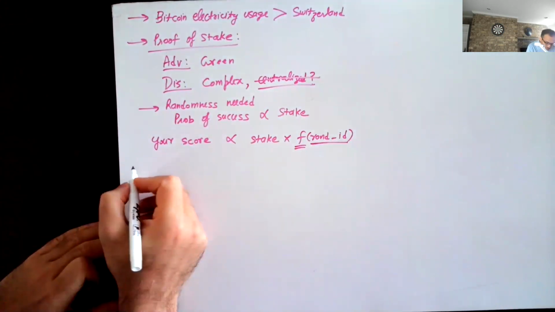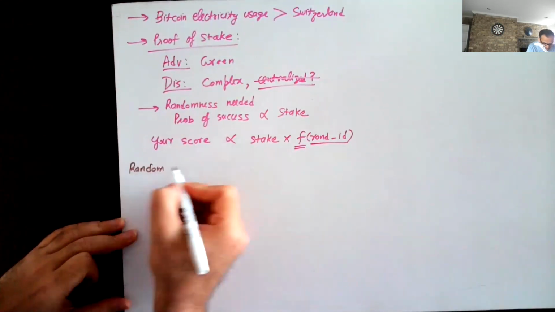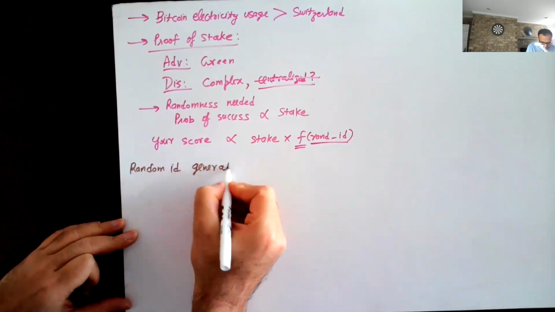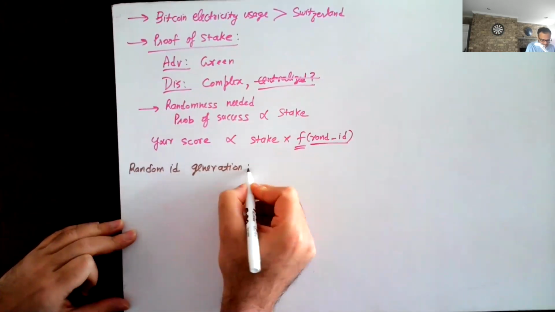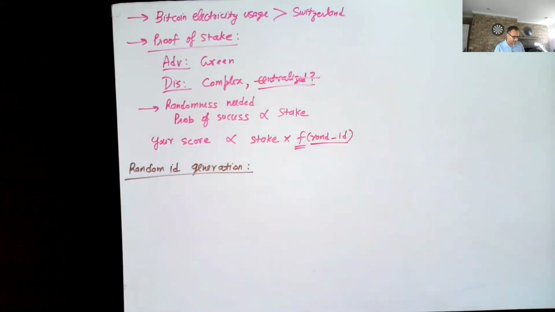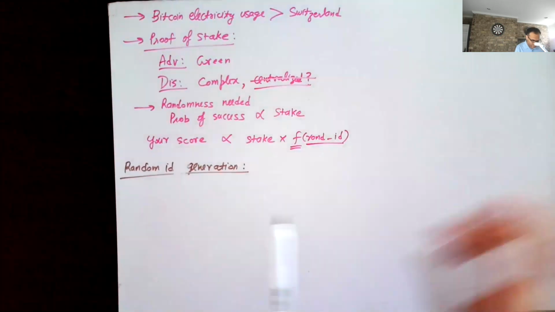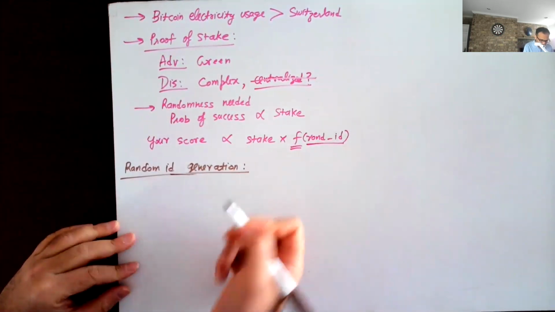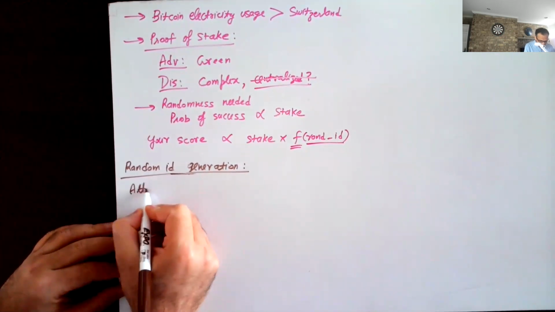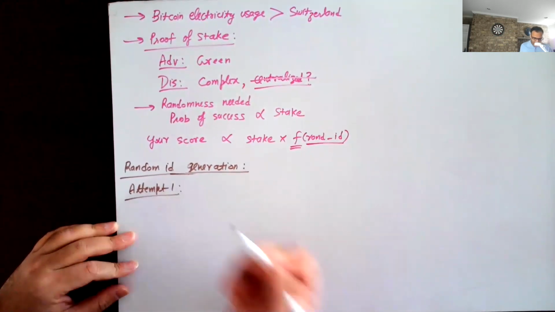Random ID generation is probably one of the most complex parts of a proof of stake system. So let's have several attempts, and maybe I will ask you why a particular attempt doesn't work.